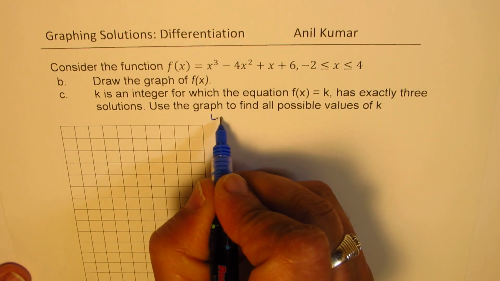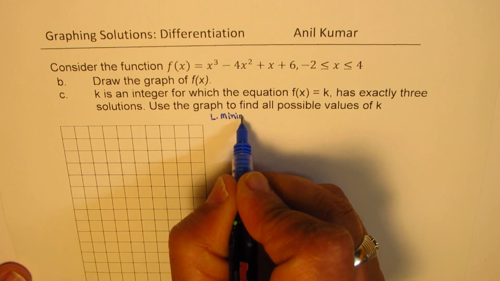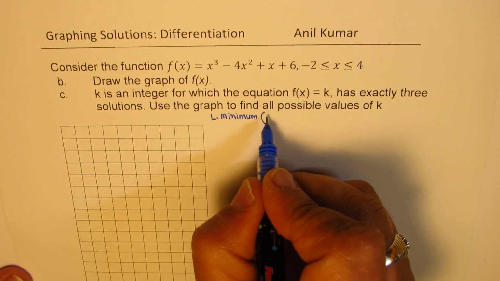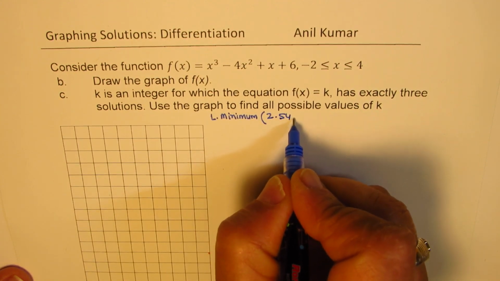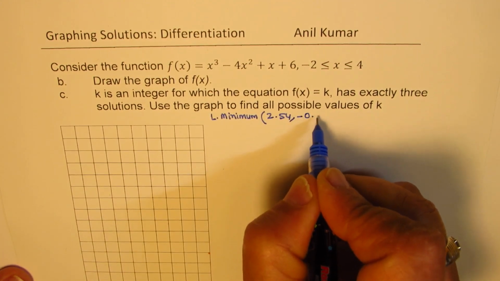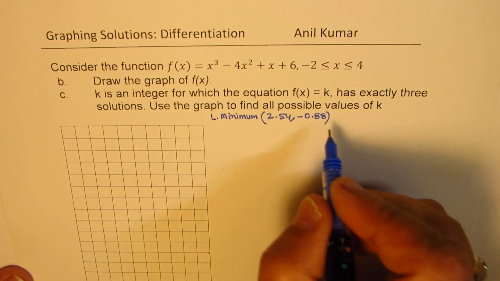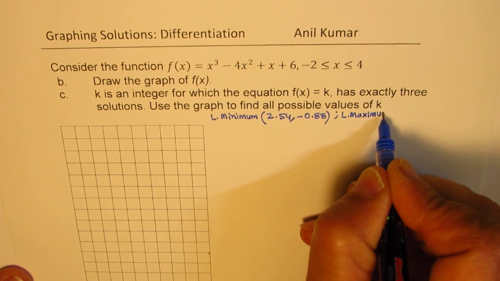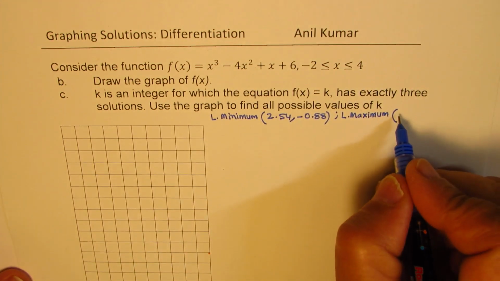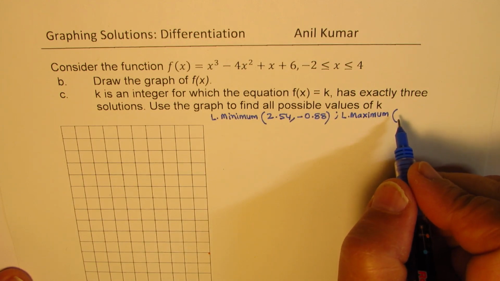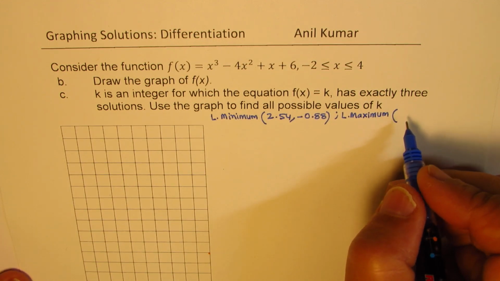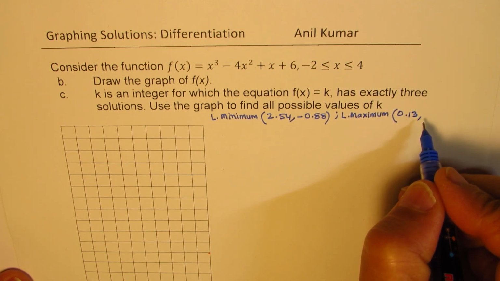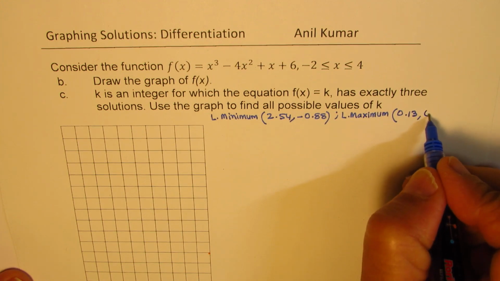We have a local minimum at the point 2.54, and the value is minus 0.88, and we have a local maximum at the point 0.13, and the value was 6.07. Correct?